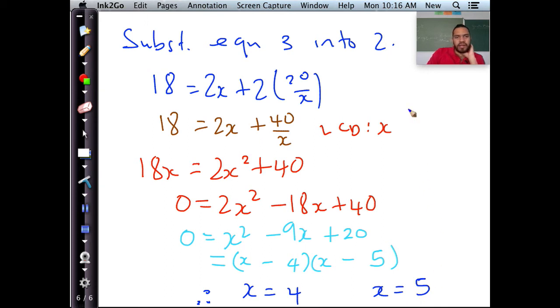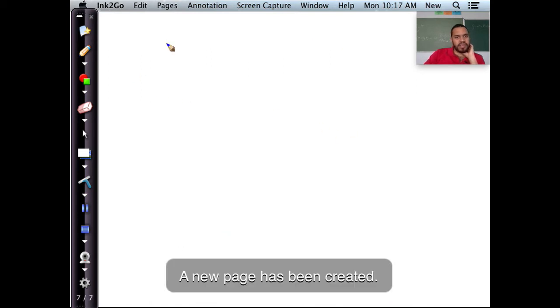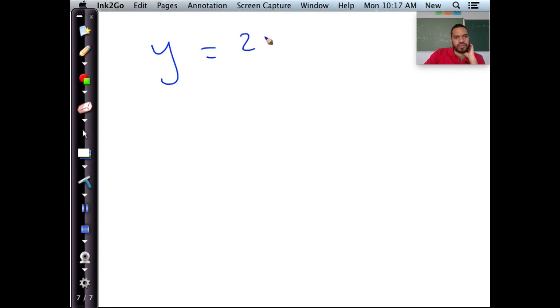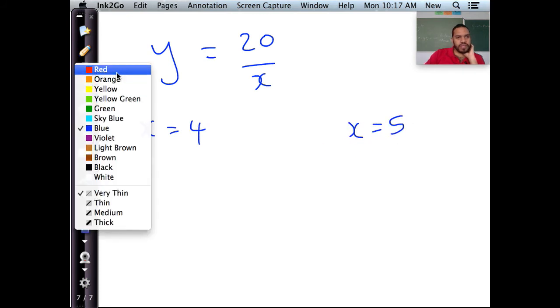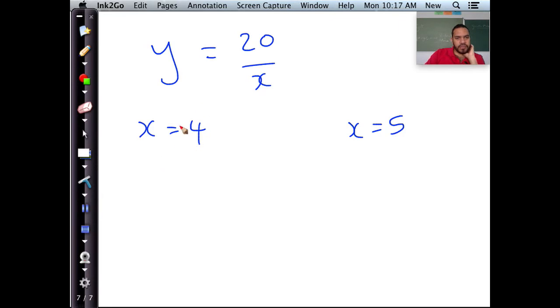Okay, now if we go to the equations that we had, remember we solved the equation for y. We said y is equal to 20 over x. So I'm going to put that over here. From this, we had x equals 4 and we had x equals 5. We're now going to solve for both of them. We can say, okay, y must be equal to 20 over 4, or y must be equal to 20 over 5.